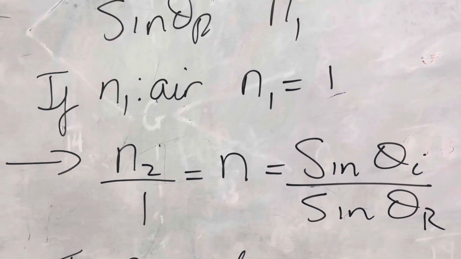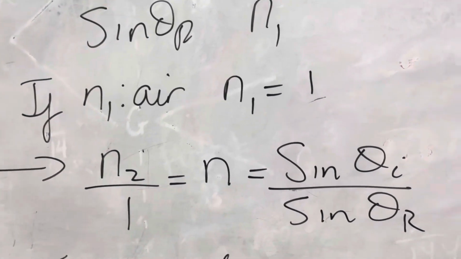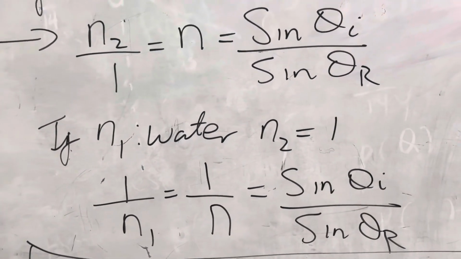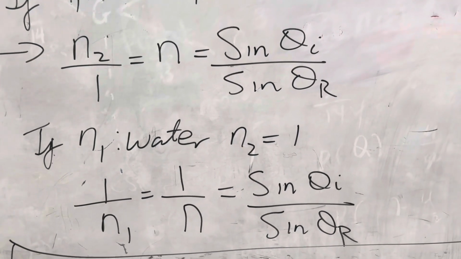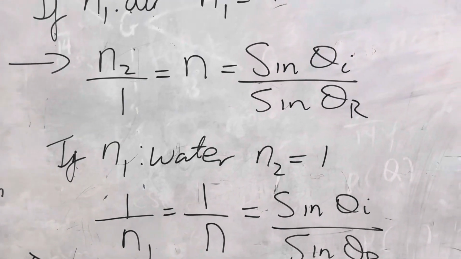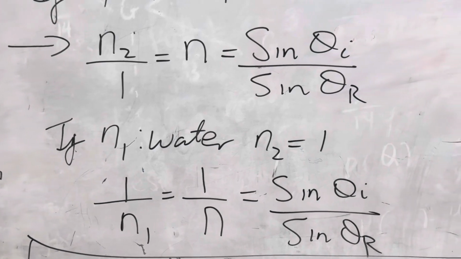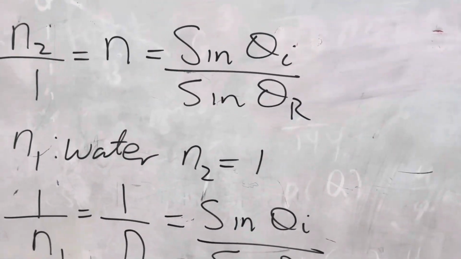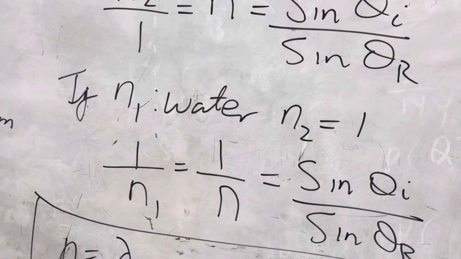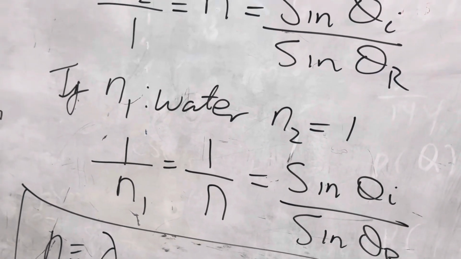So N2 divided by 1 is equal to n, which will give me sine theta I divided by sine theta R. And then if N1 is water, N2 is 1. So I will get 1 over N1, which will give me 1 over n equal to the same sine theta I over sine theta R. So this second equation is for the second example where the incident ray is starting inside the other object. It could be water, it could be glass, right?